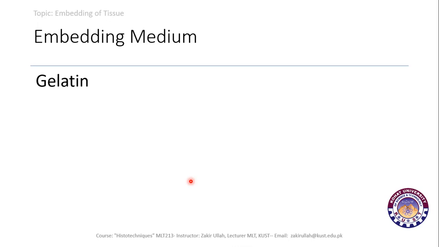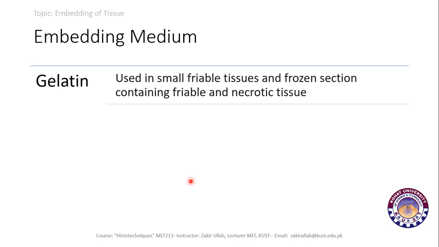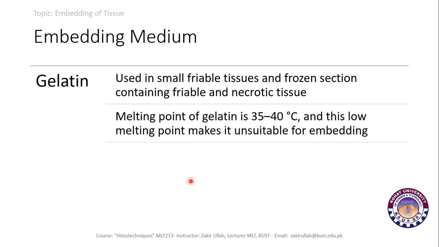Gelatin is the next type of embedding medium. This is used for small friable tissues and also for frozen sections, which may contain friable or necrotic tissue. The melting point of gelatin is 35 to 40 degrees centigrade.